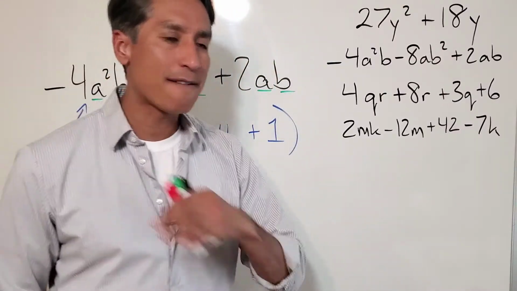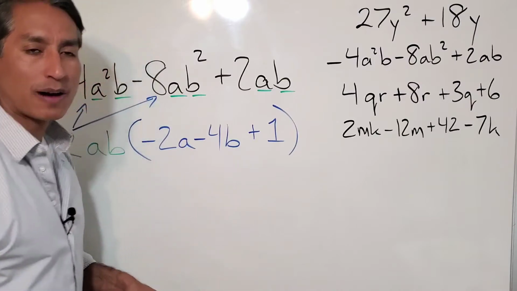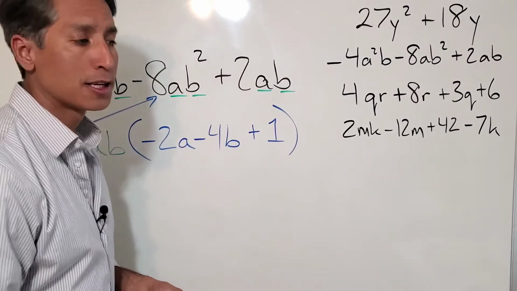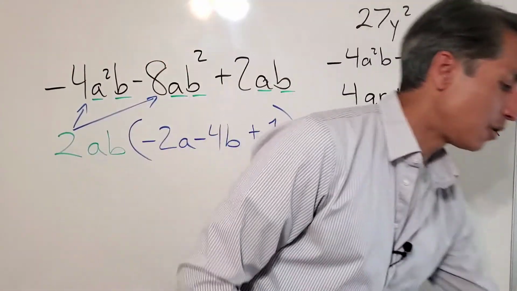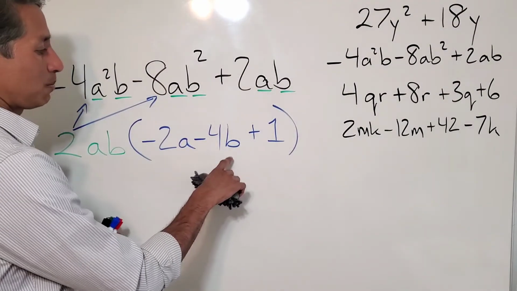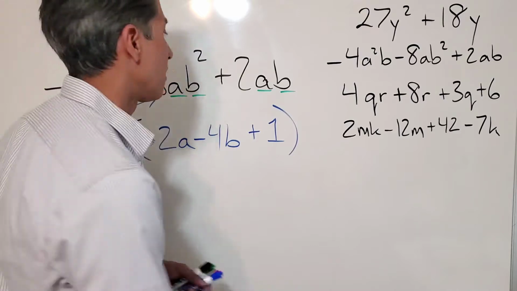You didn't pull out every single thing you could before you rewrote the rest of the trinomial or binomial, whatever it was. Okay, I know it's kind of semantics, but that's what they want you to do. All right, and it's also going to help you because, like I said, we need this part. This is critical stuff we're going to use later on in the chapter.